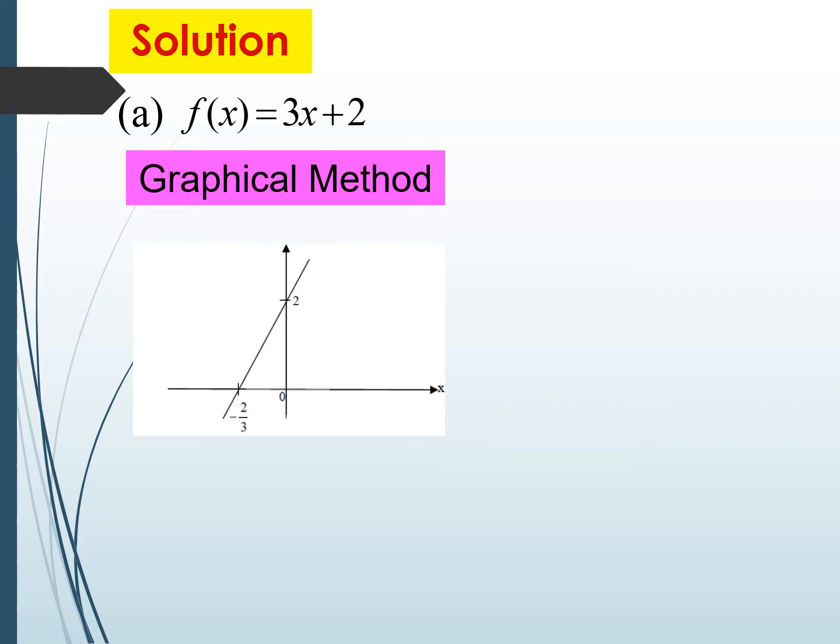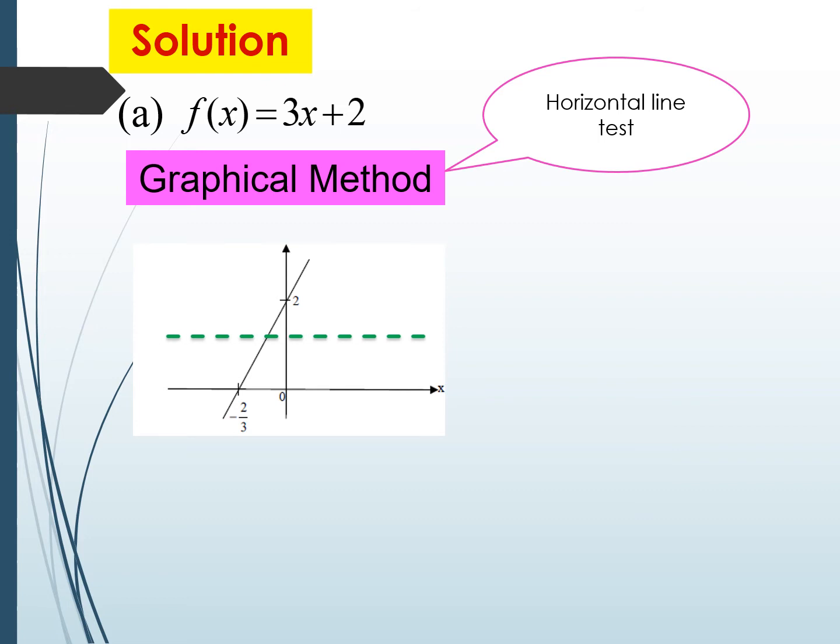Then by applying the graphical method, which is the horizontal line test, we need to draw a horizontal line. So we draw a horizontal line. This is the green dotted line. We observe that the horizontal line cuts the graph at only one point.